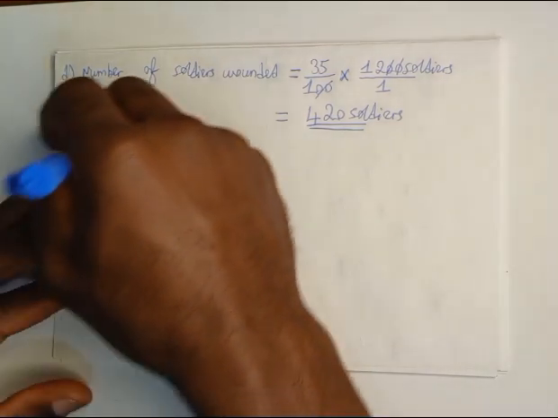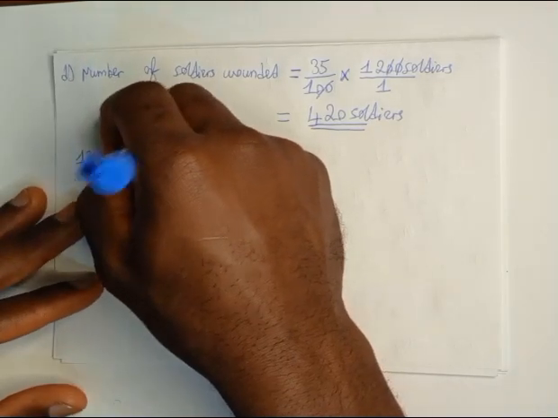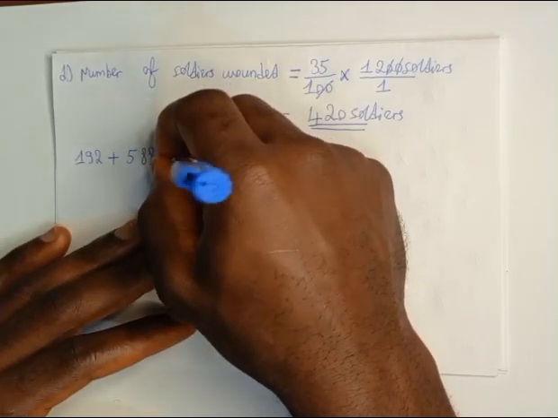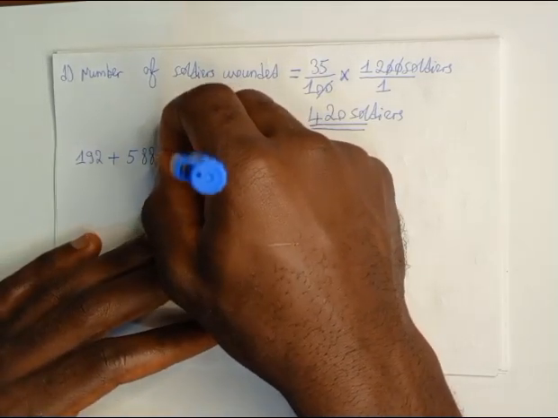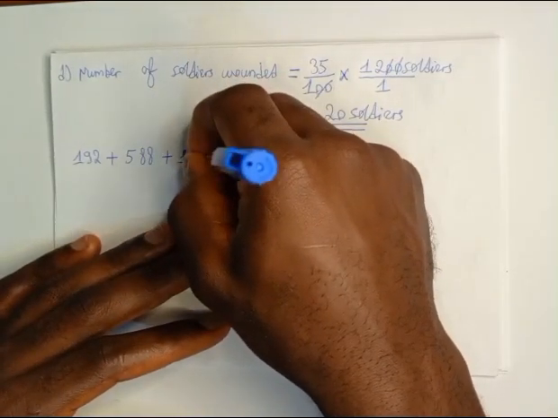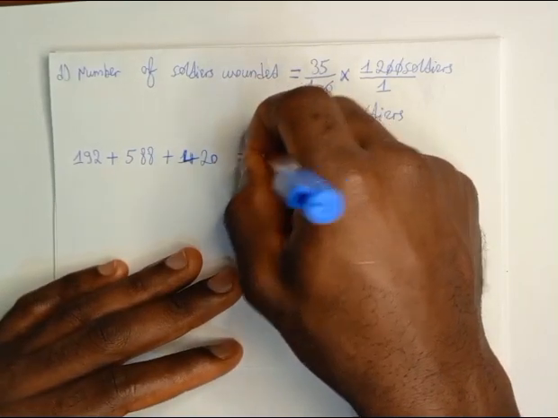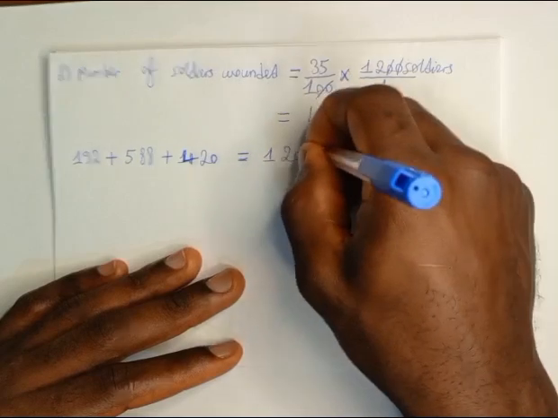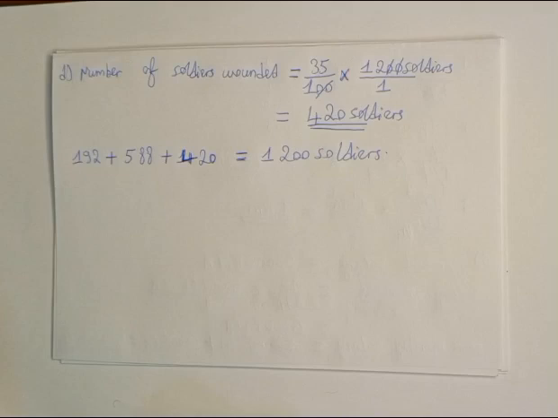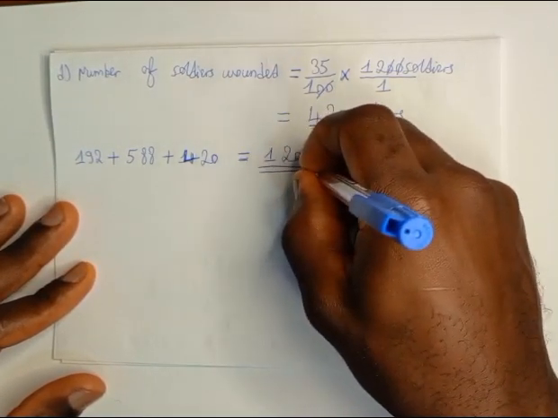We take 192 who were killed plus 588 who were unharmed plus 420 who were wounded. This will simply be equal to 1,200 soldiers. The total number of soldiers who went for the battle. It simply proves that our answers are correct.